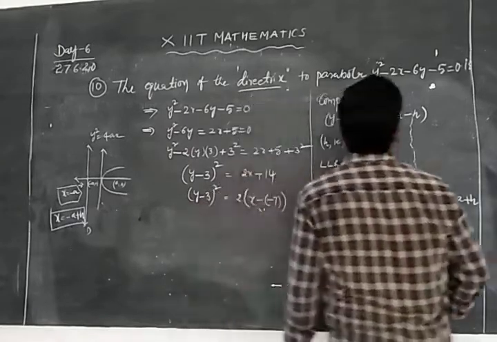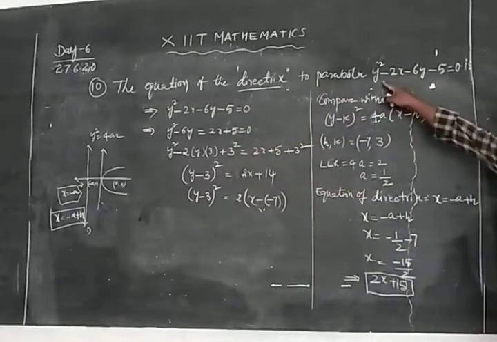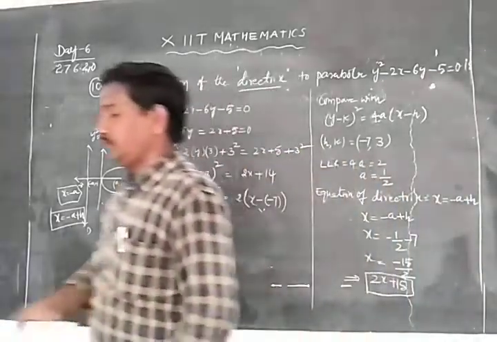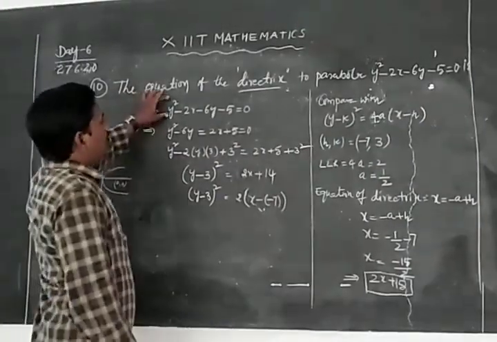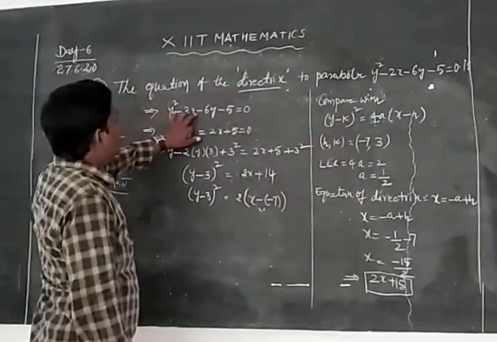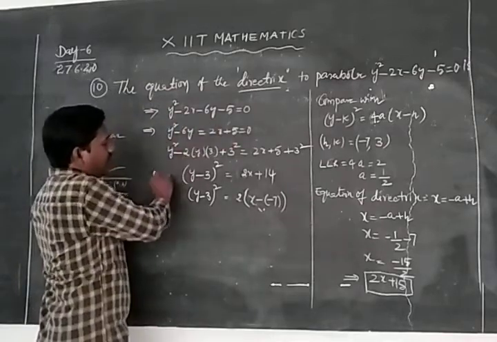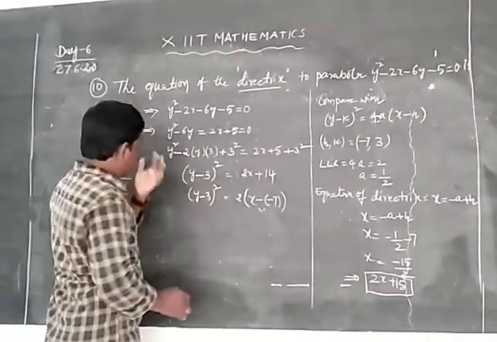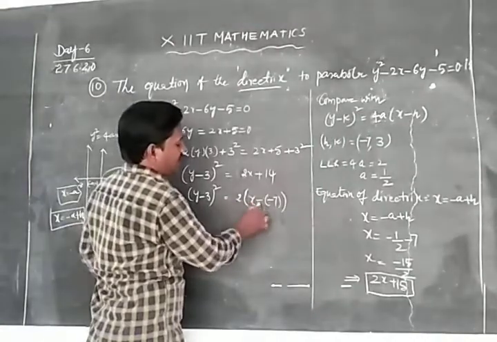So we got the equation of the directrix. The equation of the directrix to the parabola y square minus 2x minus 6y minus 5 equal to 0. After the rearrangement, we got y minus 3 whole square equal to 2 into x minus of minus 7. Why?